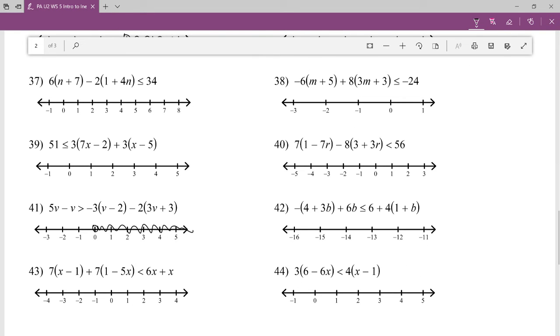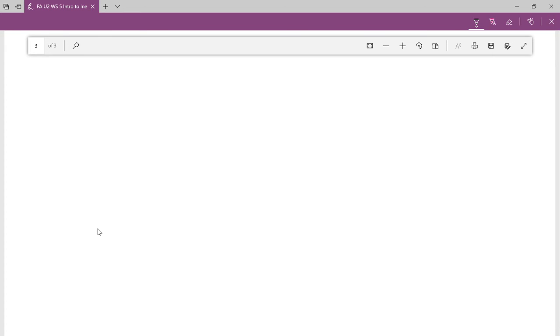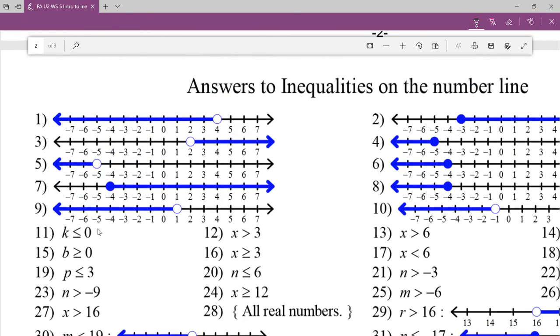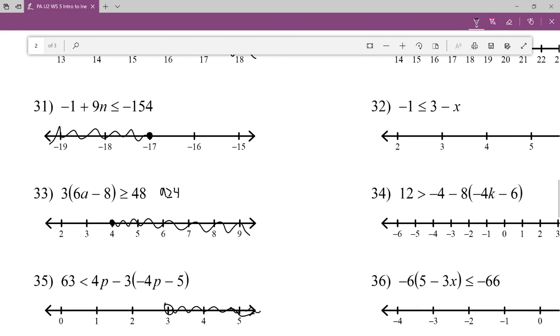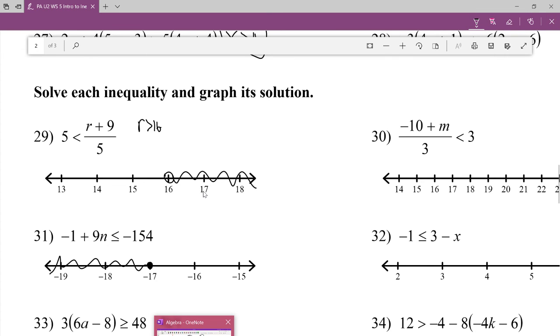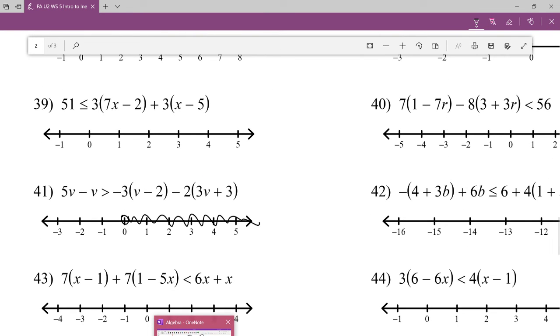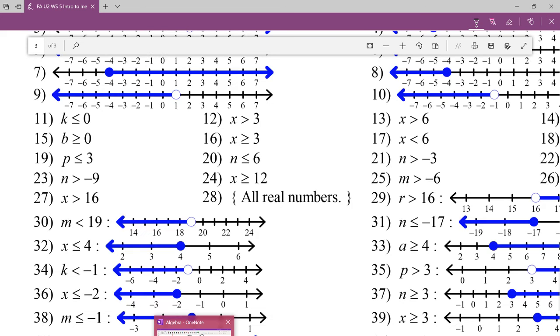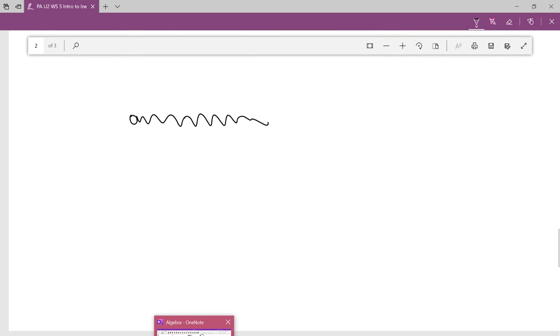So yeah, I only did a few of them. Let me just make sure, give me a second, this was number 41. Let me just make sure that I did it right, because I know that this one's kind of tricky.